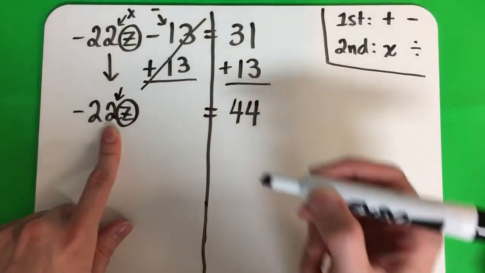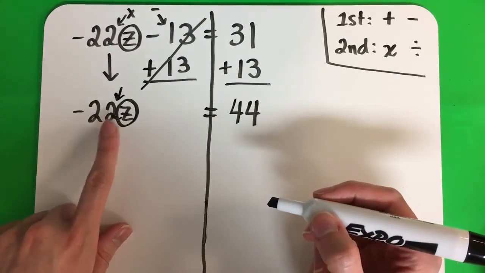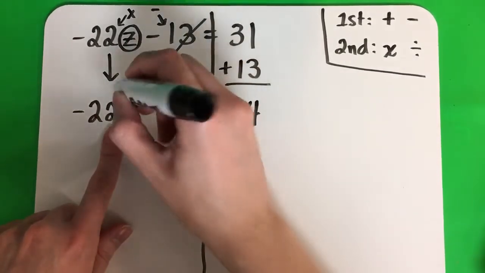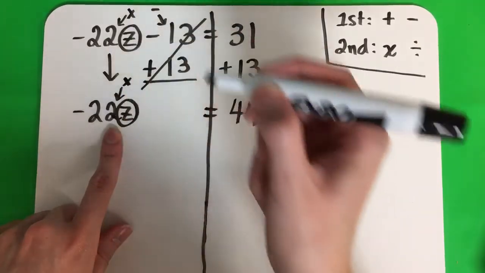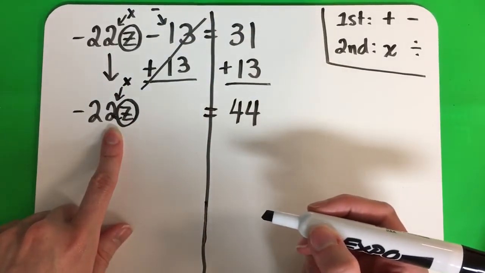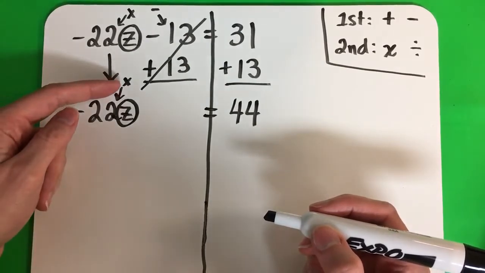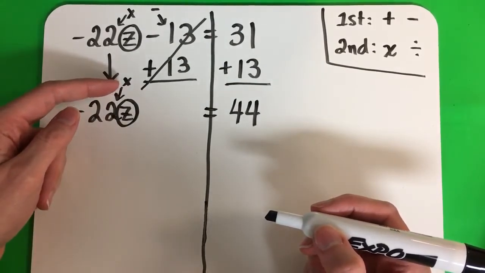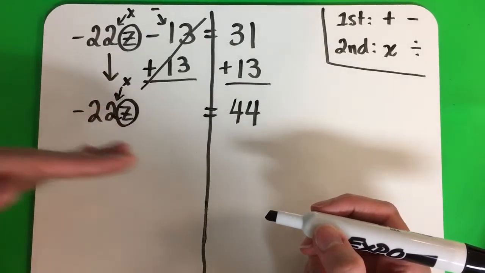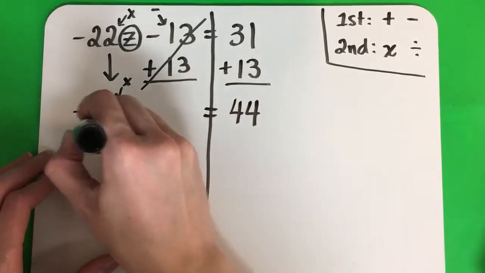What's in the middle? Nothing. It's multiplication. We do the opposite. What's the opposite of multiplication? Division. This is divide.